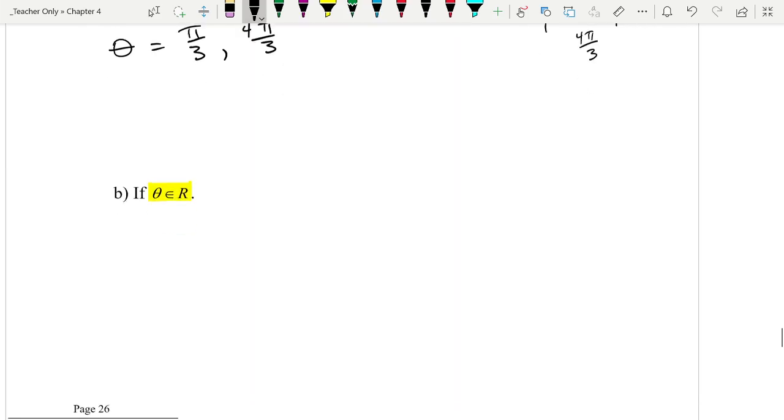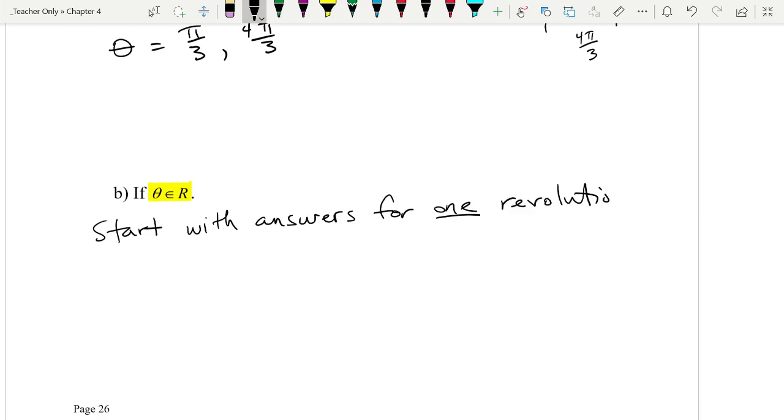So what I do is I start with answers for one revolution, which is basically the A answer, right? Then add infinite more revolutions.